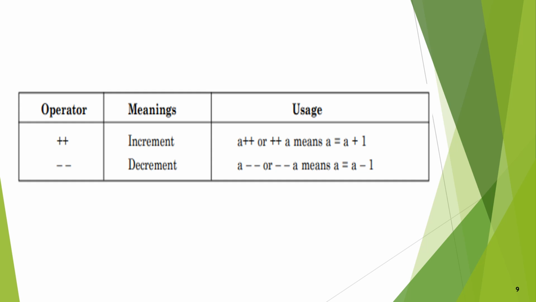Therefore a is equal to a plus 1. Then minus minus operator, its meaning is for decrement. We can write it as a minus minus or minus minus a, and its meaning is a is equal to a minus 1. Therefore value of variable a is decremented by 1.